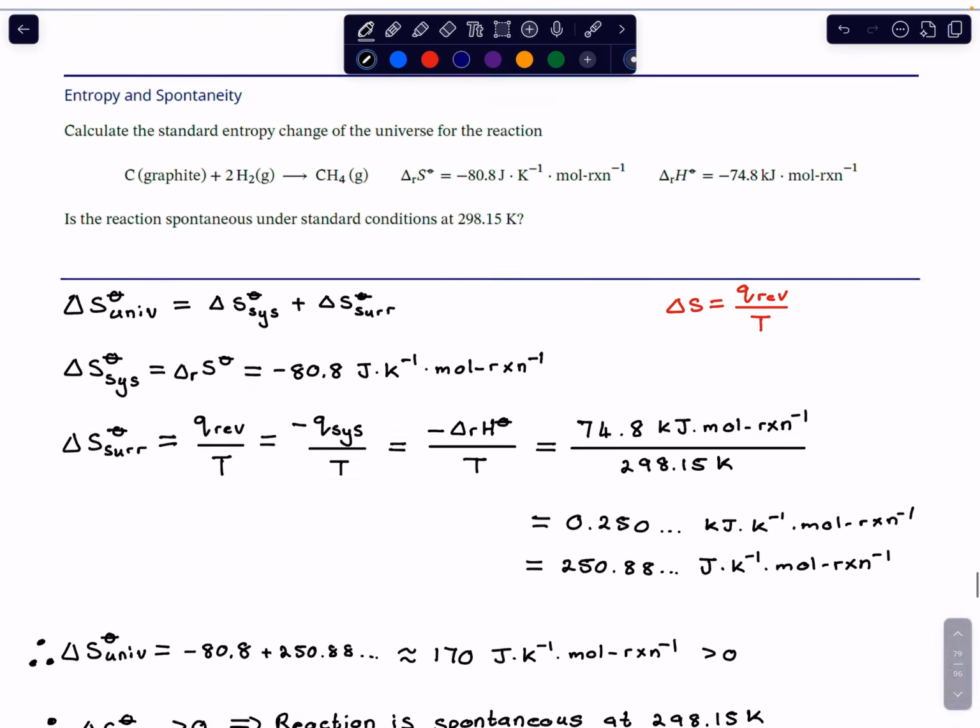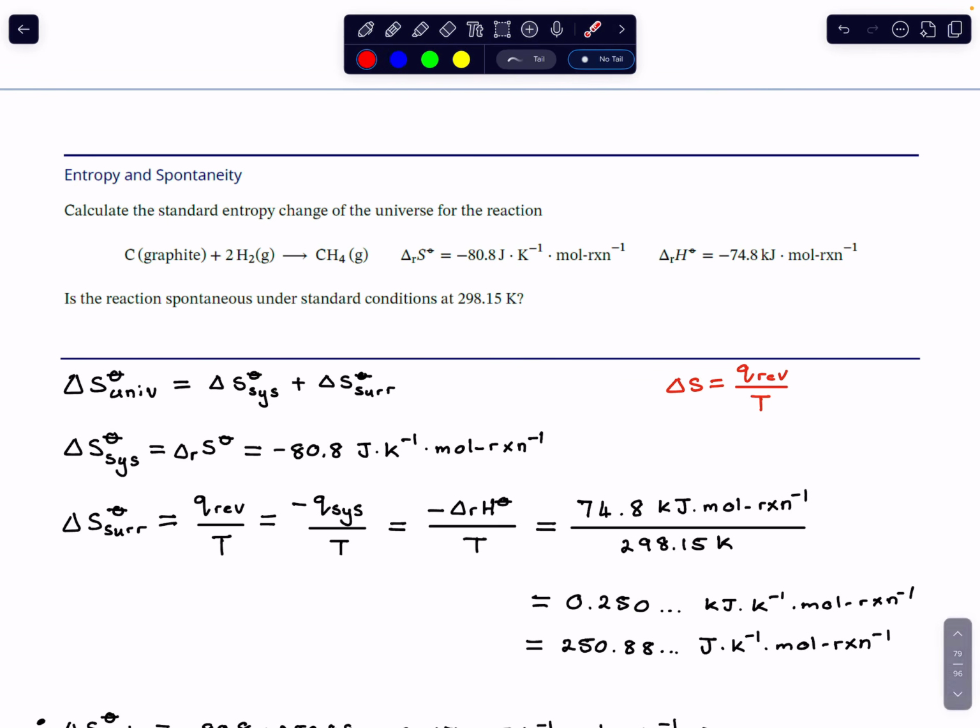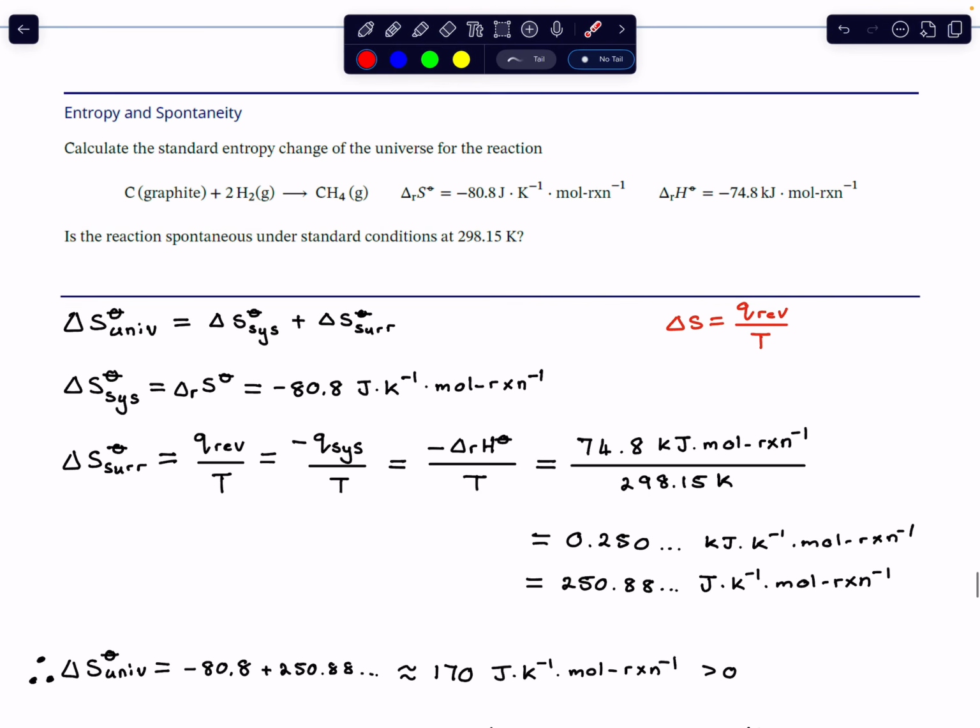Interestingly enough, notice that we had a decrease in the entropy change of the reaction, but there was a positive entropy change in the surroundings, and that actually dictated that the entropy change of the universe was positive overall, and that made the reaction spontaneous.